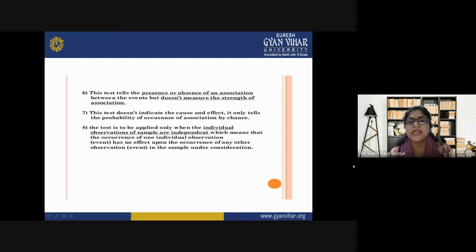So this test doesn't indicate cause and effect. It only tells the probability of occurrence of association by chance. The test is to be applied only when the individual observations of the sample are independent, which means that the occurrence of one observation has no effect upon the occurrence of any other observation in the sample under consideration.